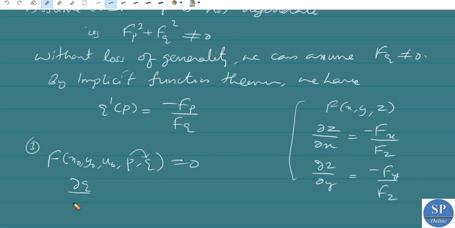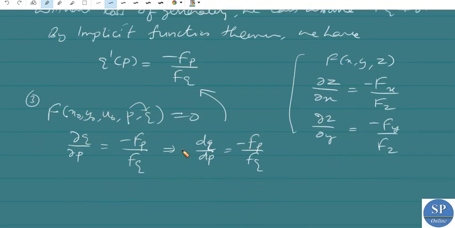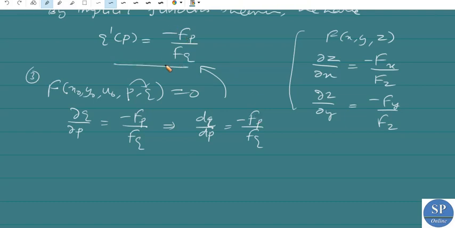So dou q by dou p, by implicit function theorem, is minus fp divided by fq, that is q dash p equal to minus fp divided by fq. Here q is a function of p only.